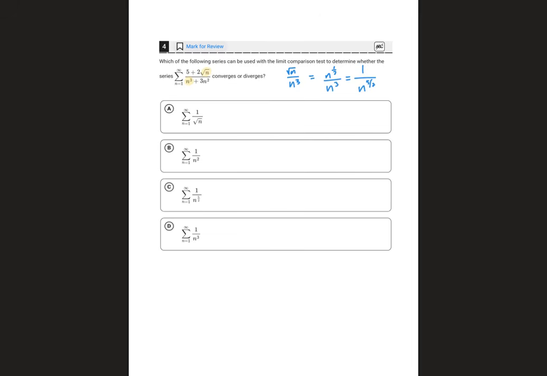Okay, so if you're actually doing the limit comparison test, I'll do it down here. So you look at the limit as n approaches infinity, and you're just dividing these. So you do this divided by the one we're comparing it to. Here I'll write it out like this.